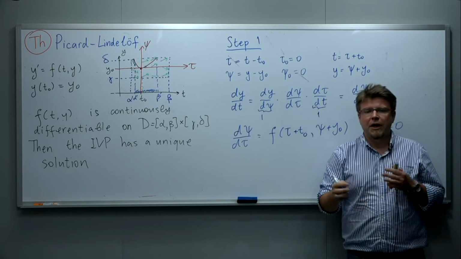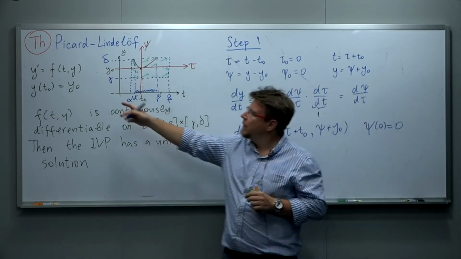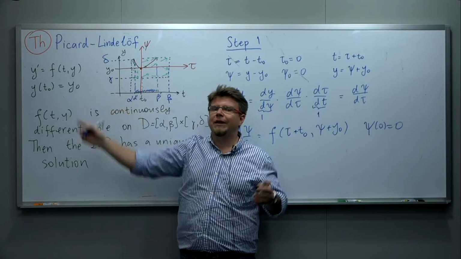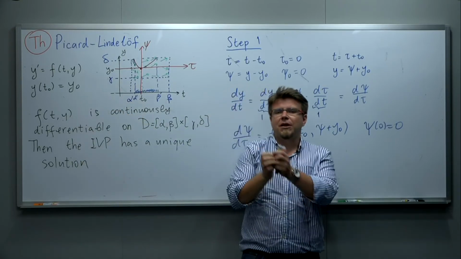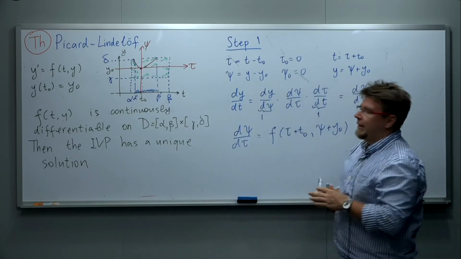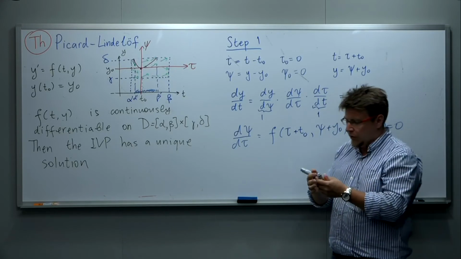Now, why are we doing this? Because now an arbitrary initial condition is transformed to the initial condition at 0. So the initial point can be transformed to the origin. Well, and as you will see in the next step, it just helps us to simplify the process.